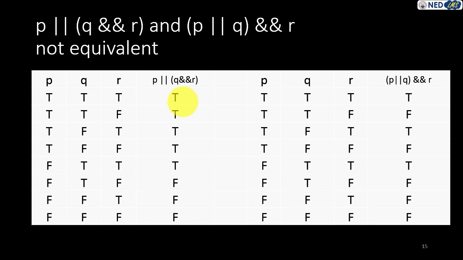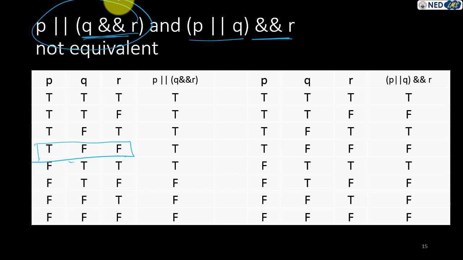Same example, P or Q and R, versus P or Q and R. Obviously you have to make 8 combinations from all ones to all zeros, or all zeros to all ones. Let's take this example over here, true, false, false. Here the parenthesis operation is going to happen first.